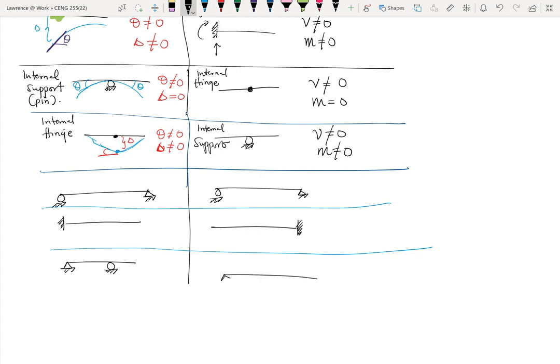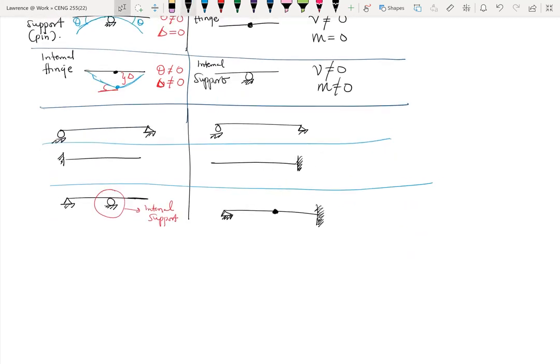The pin end will remain the same, because here I have an internal support, which becomes an internal hinge. And this end here is a free end, so it becomes a fixed end. So this is the transfer from real beam to conjugate beam.